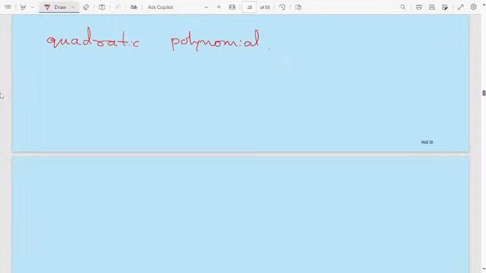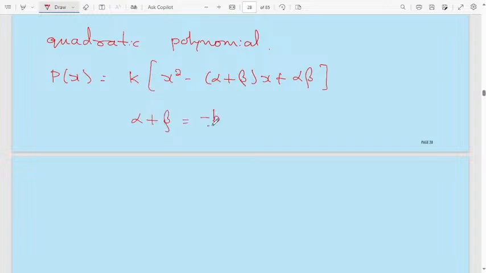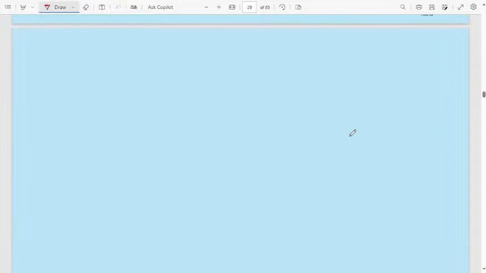The general form, p of x, will be k into x square minus (alpha plus beta) x plus alpha beta. This one sometimes we will consider. Here alpha plus beta value is minus b by a, then alpha beta value is c by a. This is the quadratic polynomial.